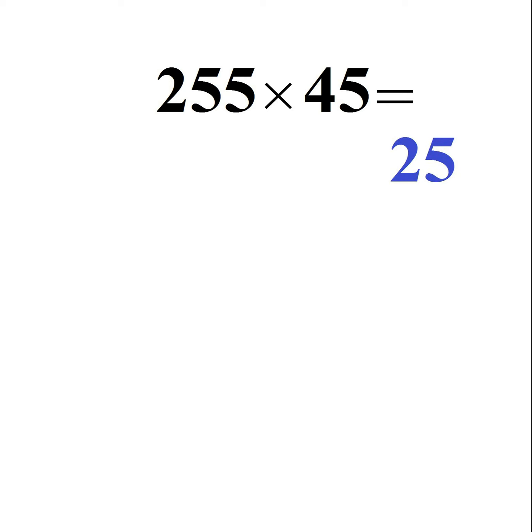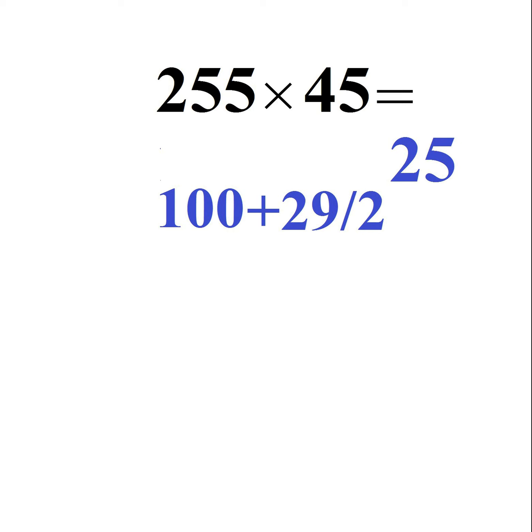Then we multiply the numbers preceding the 5s into each other. So 25 times 4 equals 100 plus their average. And what is their average? It is 25 plus 4 divided by 2, which is 29 divided by 2, and is not an integer.